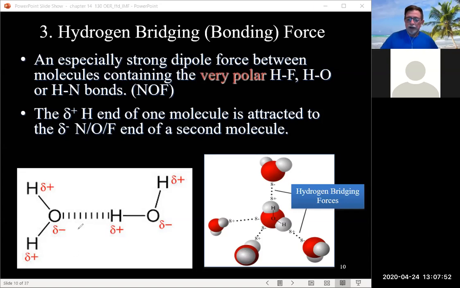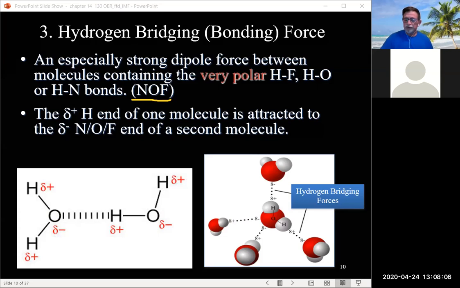Yes, they have a dipole in there, but because it involves hydrogen bonded to nitrogen, oxygen, or fluorine, they have this additional force called hydrogen bonding. And only for those examples, when you have hydrogen bonded to a fluorine, an oxygen, or a nitrogen, okay? Those are involved with hydrogen bridging force.